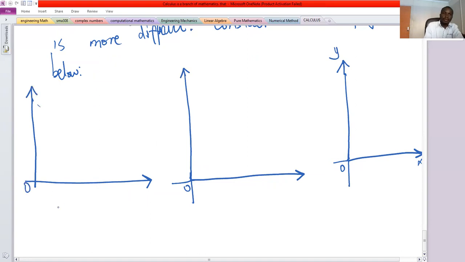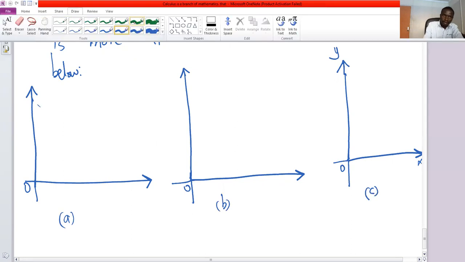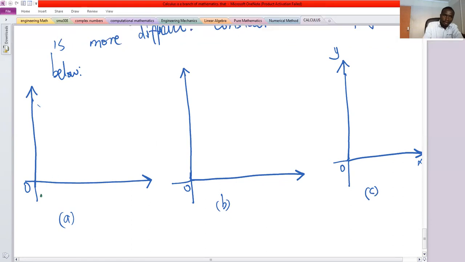Now, let me call this one figure A, figure B, figure C. Figure A, let me have this kind of a curve, y equals f of x.